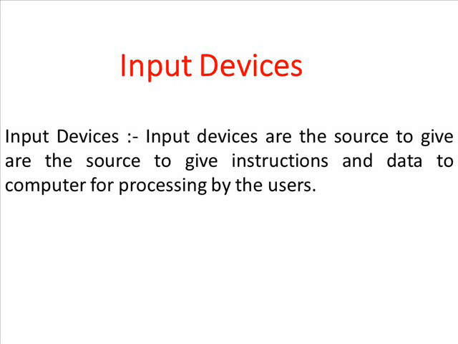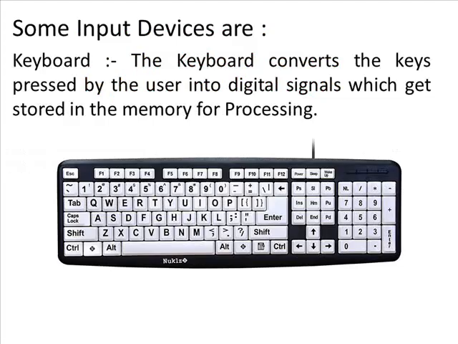Now let's discuss input devices. The input devices are those devices which are used by the user to give instructions to the computer for processing. Now let's discuss the different types of input devices. The first is the keyboard. The keyboard converts the key pressed by the user into digital signals which get stored in the memory for processing.